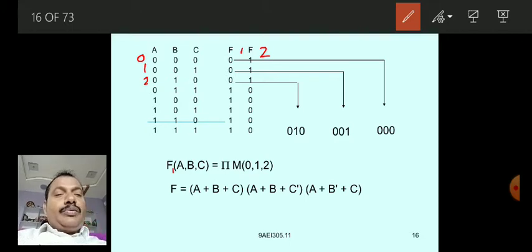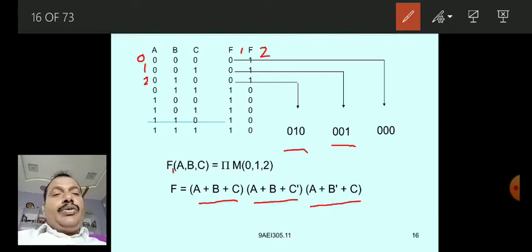0, 0, 0, that means A plus B plus C. For 0, 0, 1, max term, that means A plus B plus C bar. For 0, 1, 0, A plus B bar plus C. So you can write this F1 expression like this also.